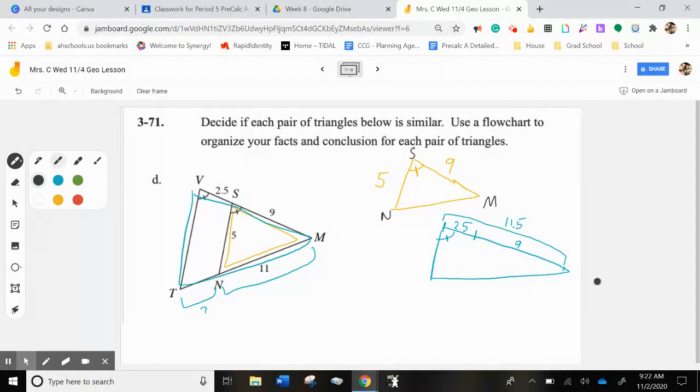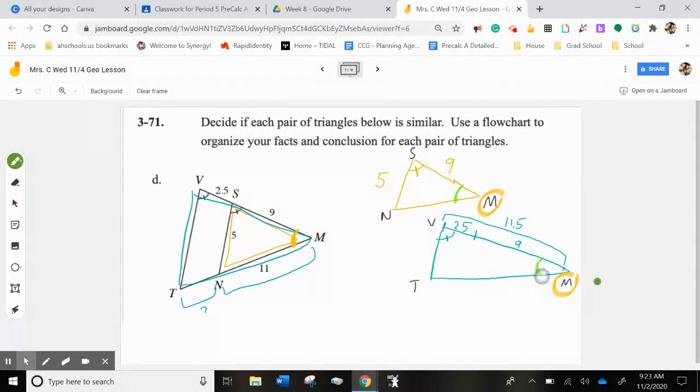Let's label the letters, the vertices, V, T, and M. Okay, it's not marked, but this letter M is the same exact angle. You use it in the small triangle and you use it in the large triangle.